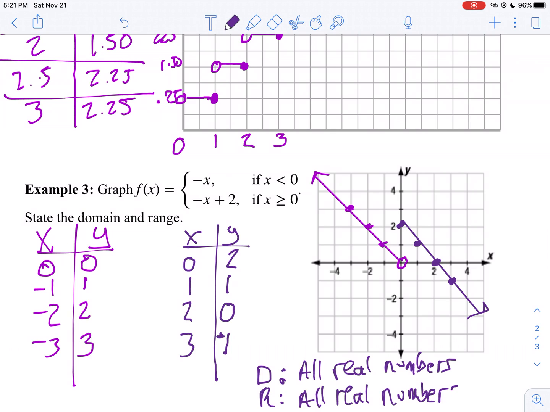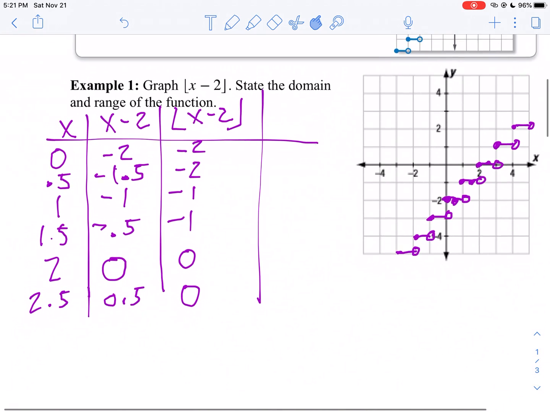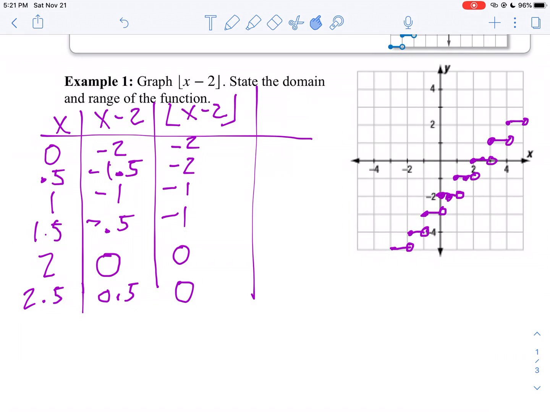And I just realized on the very first example, that was the domain and range question. I never did that. So let's go back here and let's look at the domain and range from example 1. Once again, kind of like the previous problem, no matter what value of x I pick, I'm going to have an answer. So my domain is going to be all real numbers.